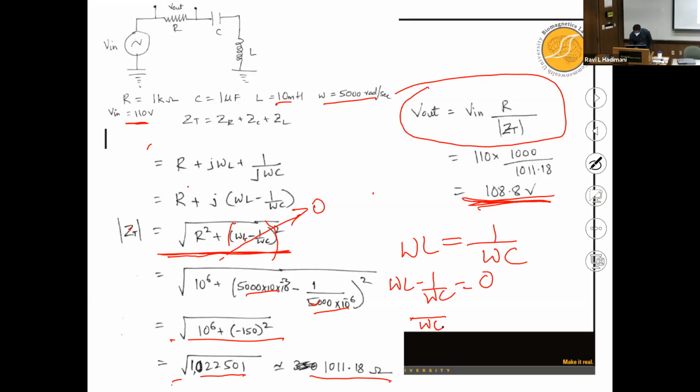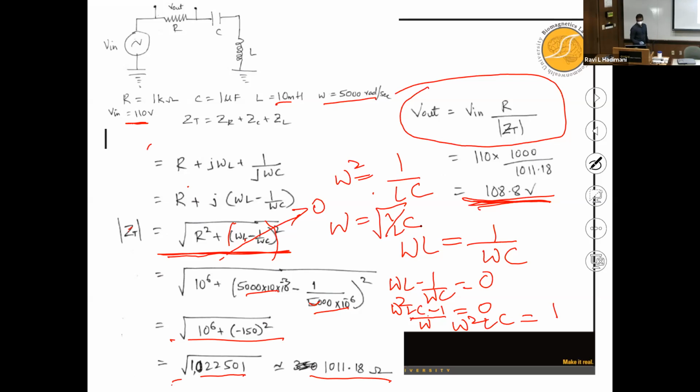So you will have omega squared LC minus 1 equals 0. So omega squared LC equals 1, so omega squared equals 1 over LC, so omega equals the square root of 1 over LC.